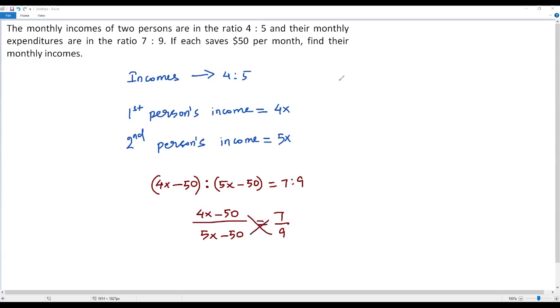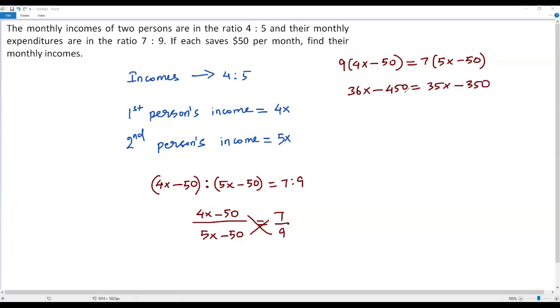Then I'm getting 9 times (4x minus 50) equals 7 times (5x minus 50). Now we distribute the 9 to 4x and 50. 9 times 4 is 36, that is 36x, and 9 times negative 50 is negative 450. Distributing the 7 to 5x, I get 35x, and distributing the 7 to negative 50, I get negative 350.